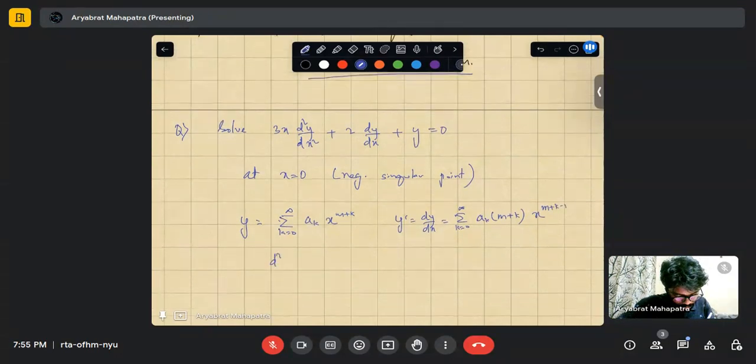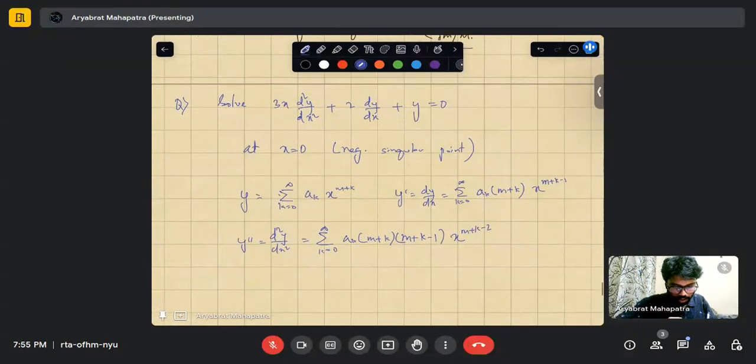And then your double derivative, y double prime, is the sum over k from 0 to infinity of a_k (m plus k)(m plus k minus 1) x to the power m plus k minus 2.